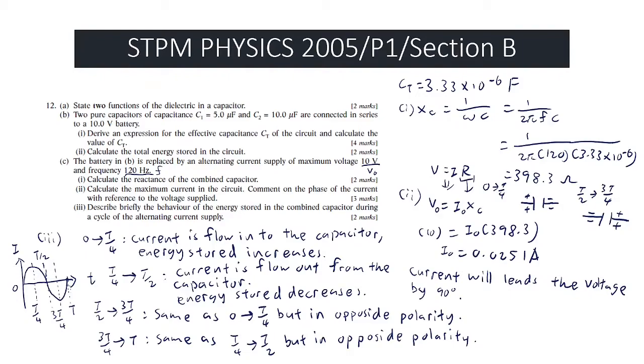But of course, in terms of the energy stored, they will still be the same. In this case, we don't really care about the polarity of the currents. What I wrote down here is just some additional knowledge maybe you would like to know for the currents, and this is basically the answer.